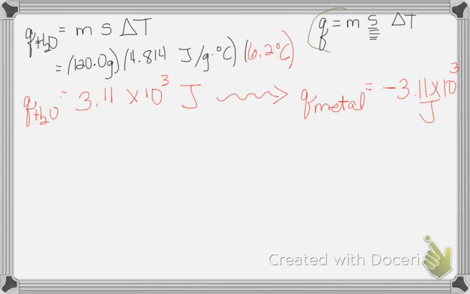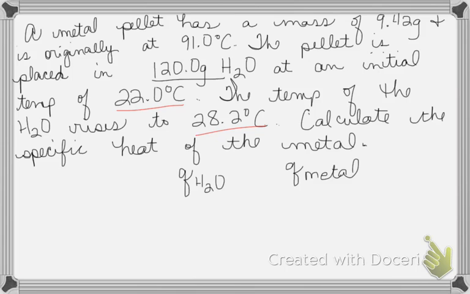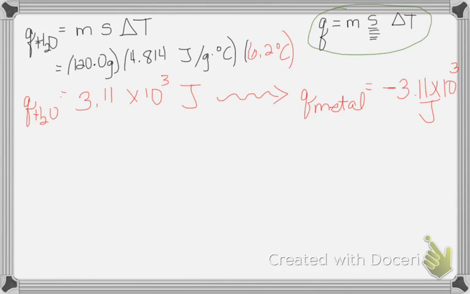If I use this same formula, what am I solving for, guys? Ultimately, the problem wants to solve for specific heat because it says calculate the specific heat of the metal. Can y'all rearrange that to isolate s on one side? Yes. If I take this formula and rearrange it, then s is equal to Q divided by m delta T. That's just isolating my variable, s.